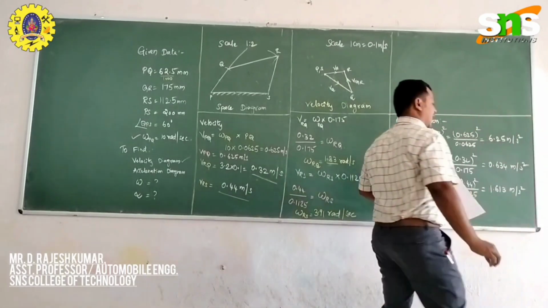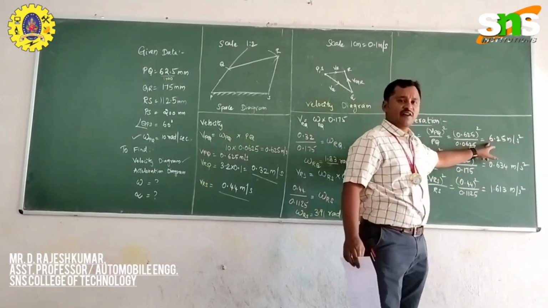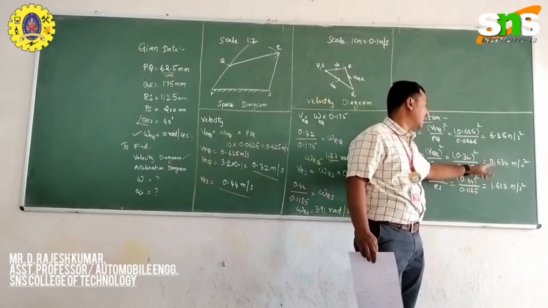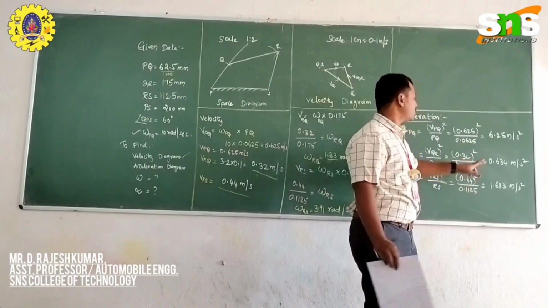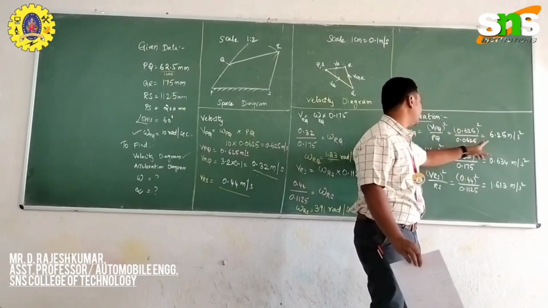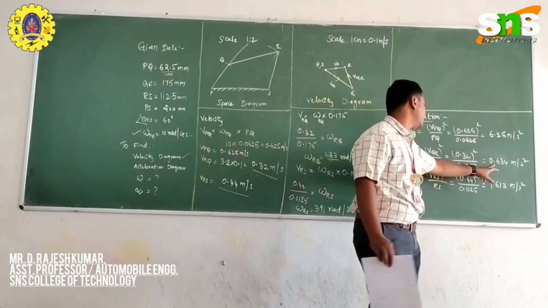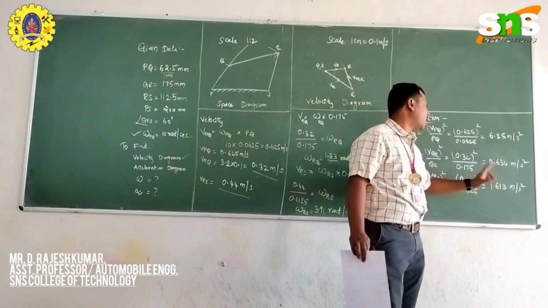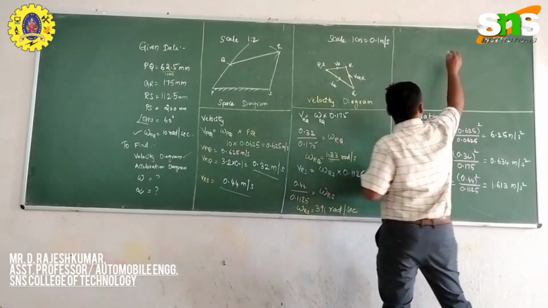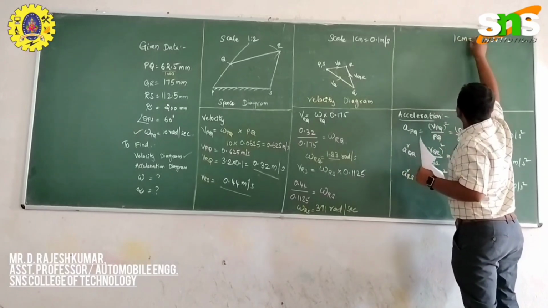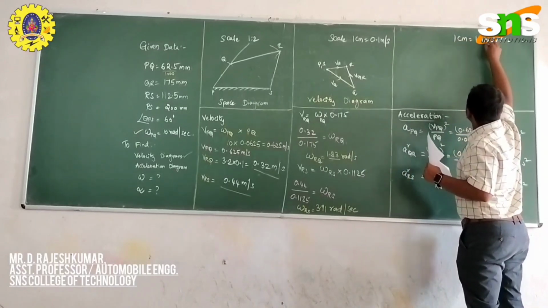While starting the diagram, you should know the values first, and then think in what scale we can draw this diagram. You can see here, the first link is 6.2, the second link is 0.6, and the third link is 1.6. So I am taking the scale value as 1 centimeter equal to 1 meter per second square.